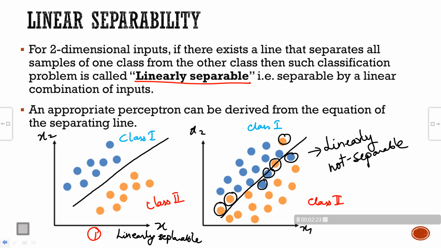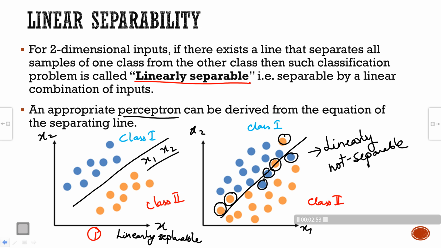So if I can draw a single line as I have shown here, then it is possible to have a perceptron design, and this perceptron can be derived from the equation of the line. Whenever I draw a line, it will have some equation in terms of x1 and x2, and using the coefficients of this line, I can derive the perceptron.